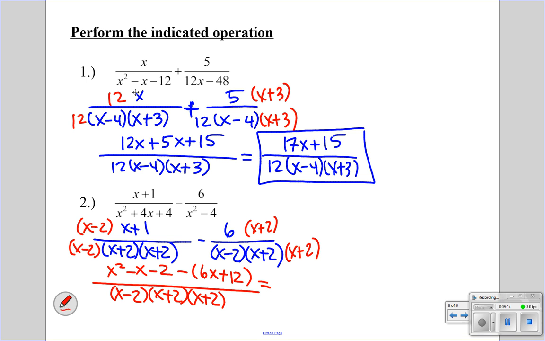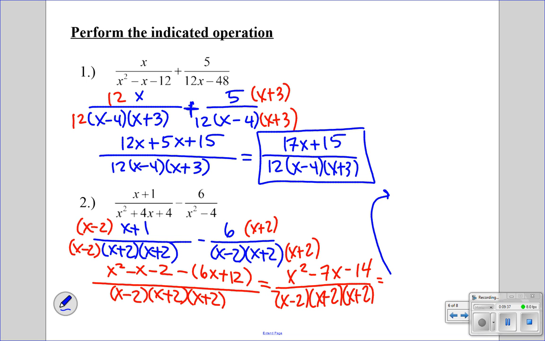All right? So we now have x squared. And negative x minus 6x is a negative 7x. A negative 2 minus 12 is a negative 14 all over x minus 2 times x plus 2 times x plus 2. We can factor the top.